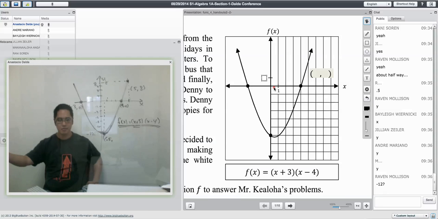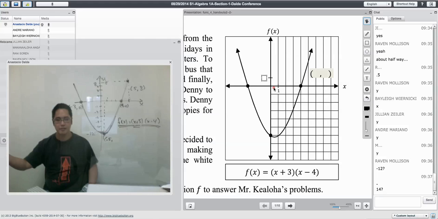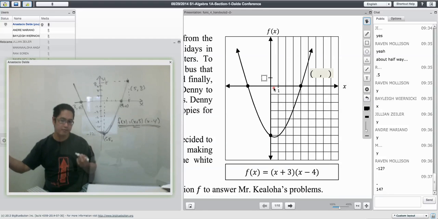Keep going a little bit more, Raven. Go a little bit more negative. -14? Okay. Yeah, I actually think it's less than 14 easily.